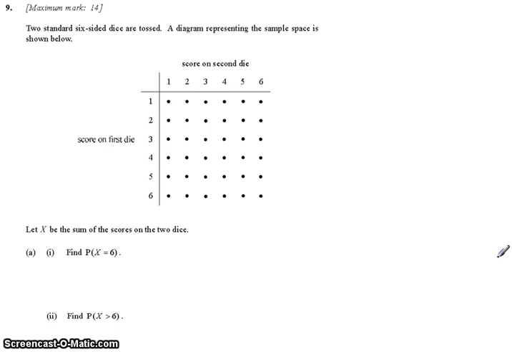Well, if it's the sum, then the ones we're interested in are these outcomes. Probability of x equaling 6, there are 5 of those and 36 outcomes overall.